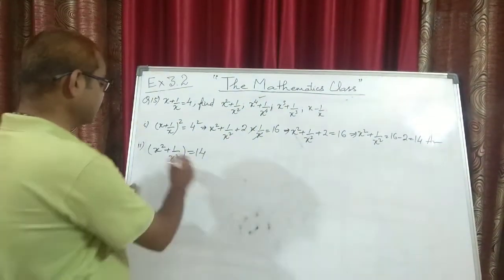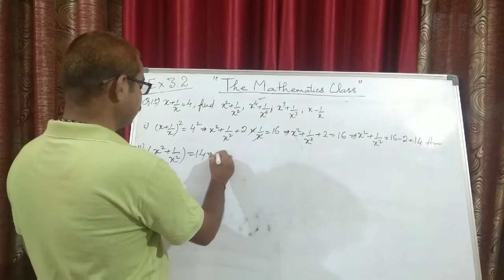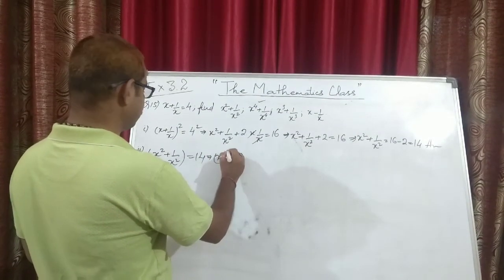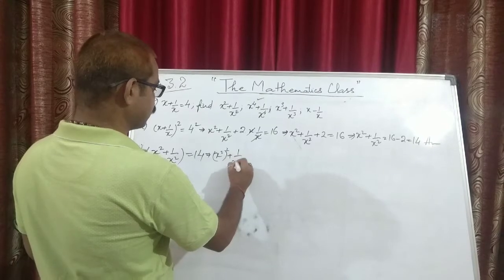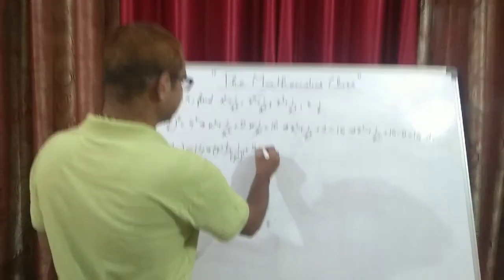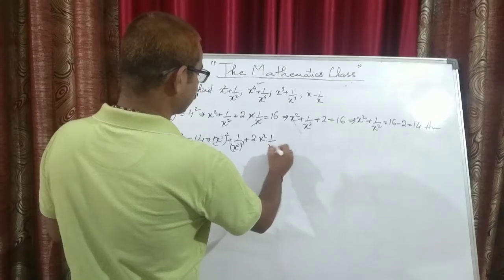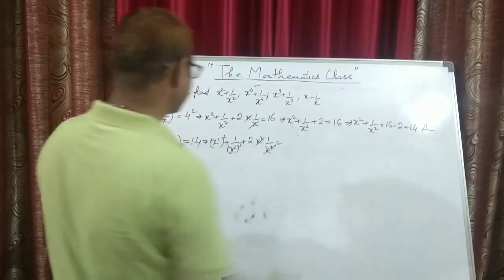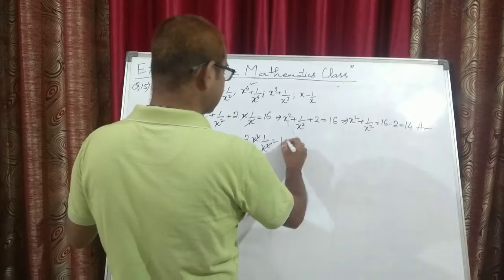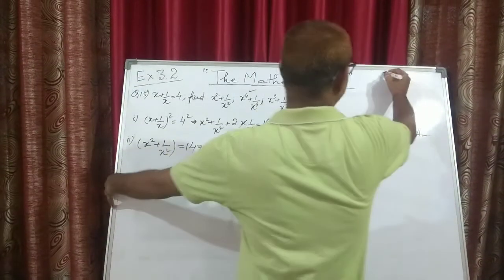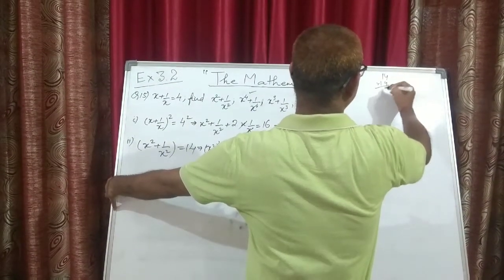If we square both the sides, we will be getting x square to the power 2 plus 1 upon x square to the power 2 plus 2 into x square into 1 upon x square. This and this will cancel, and it is equal to 14 square, which is 196. You can check with 14 into 14 is 196.